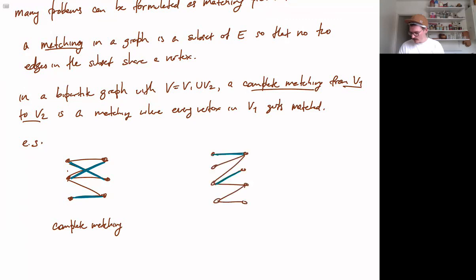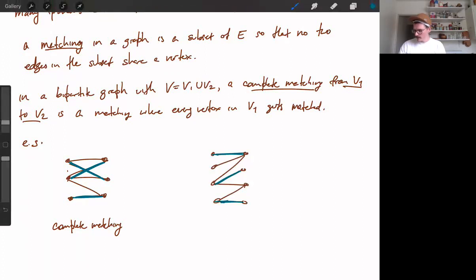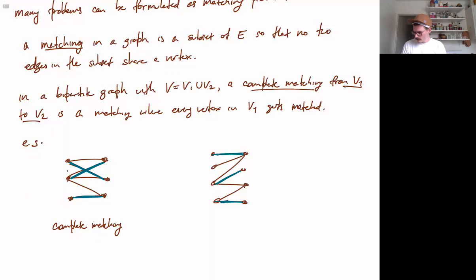This edge matches these two vertices. And let's say this edge matches the bottom two vertices. So this is a subset of the edges, and no two edges share the same vertex. So this is an example of a matching.